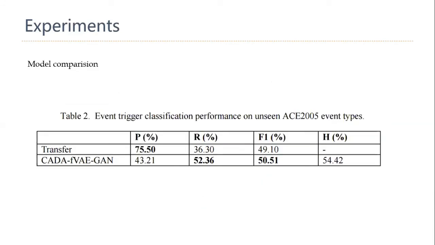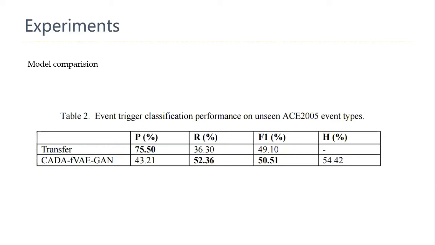And the third part of the experiment is model comparison. We show that the proposed few-shot learning model achieves comparable performance with the existing transfer learning framework for event detection. We compare our methods with the following baseline. The transfer model designs a transferable architecture for event detection.